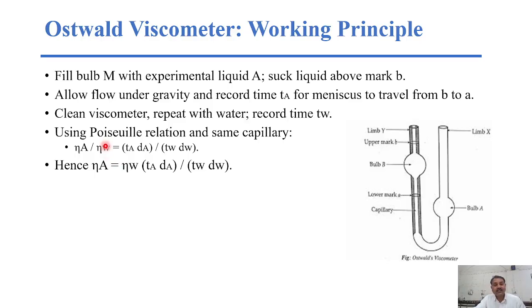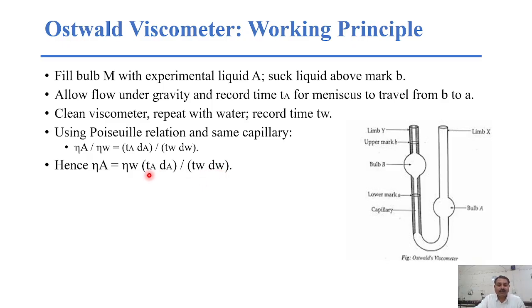Using the relative viscosity equation, eta A upon eta W equals Ta dA upon Tw dW. We have to determine the viscosity of the unknown liquid, liquid A. Therefore eta A equals eta W into Ta dA upon Tw dW.